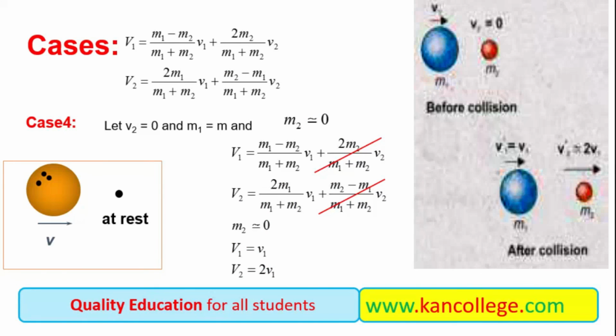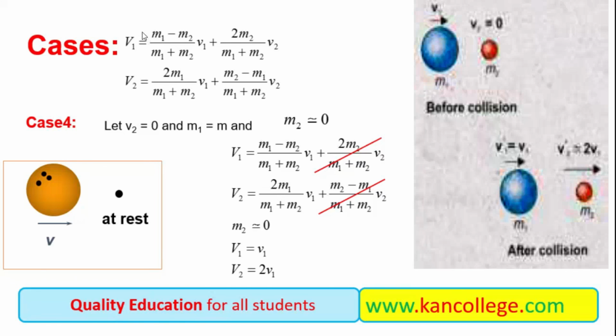Now the last case, case 4. In this case, we take a very heavy ball that collides with a very small mass, or very lighter mass. What happens in this case? Let's see.